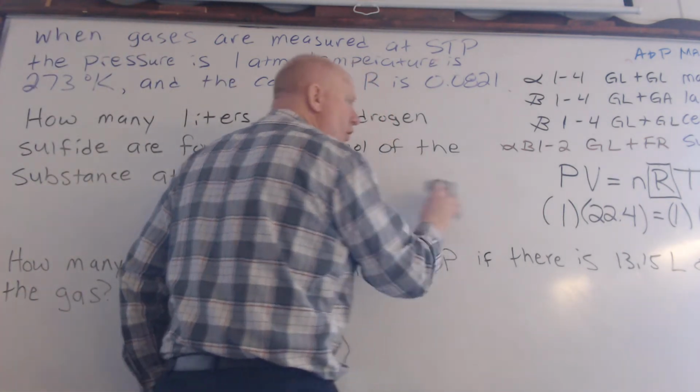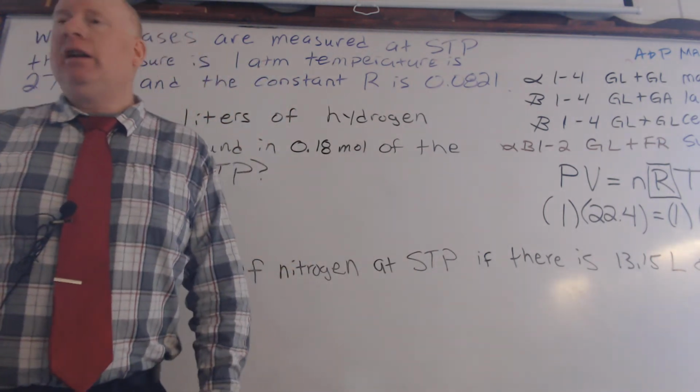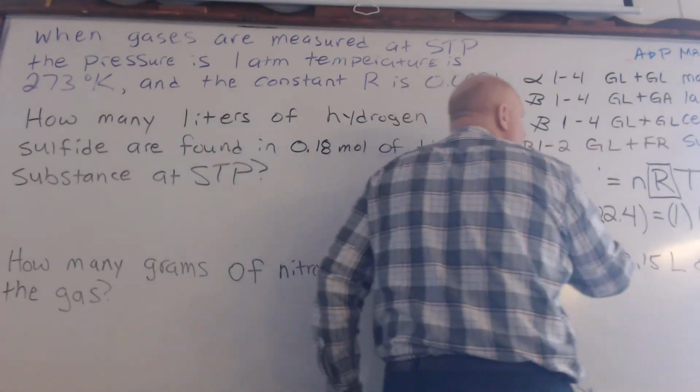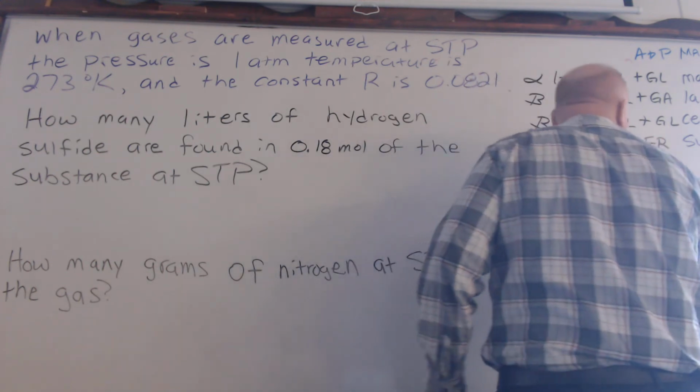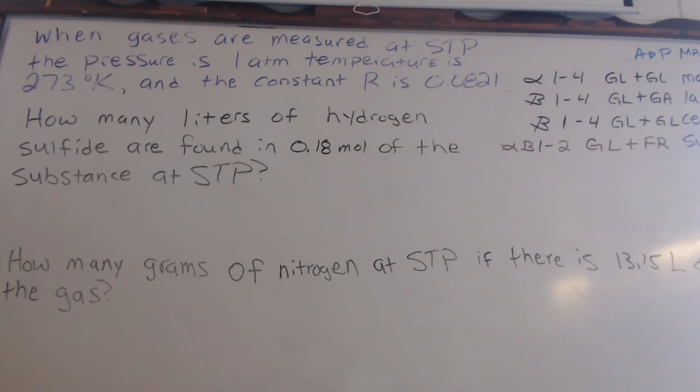You can make those presumptions because one of the things that will happen is you are going to have to use this ideal gas law if it's not measured at STP. But there are certain presumptions that we can utilize when it is measured at STP. Okay, now there are 2 ways you can do this.